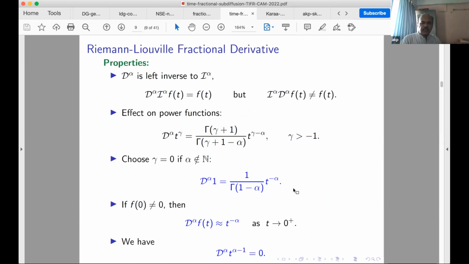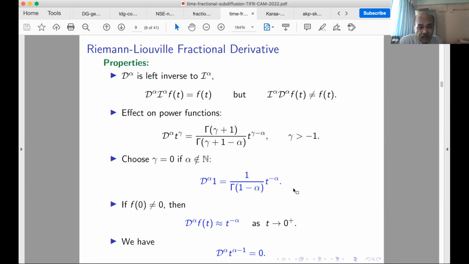So what are the properties of the Riemann-Liouville fractional derivative? Well, this is the left inverse of I alpha, but it is not the right inverse. But its action on t to the power gamma behaves like the standard derivative, giving t to the power gamma minus alpha. But when you have a constant function, or you take a 1, the Riemann-Liouville fractional order derivative, when it acts on 1, behaves like t to the power minus alpha.